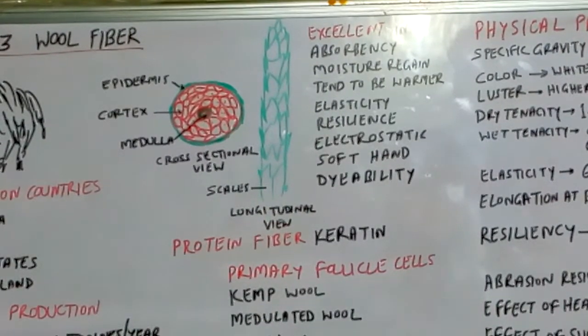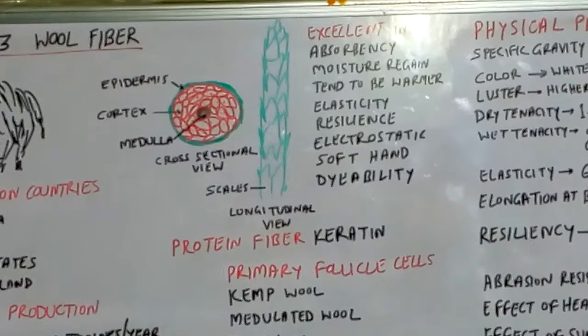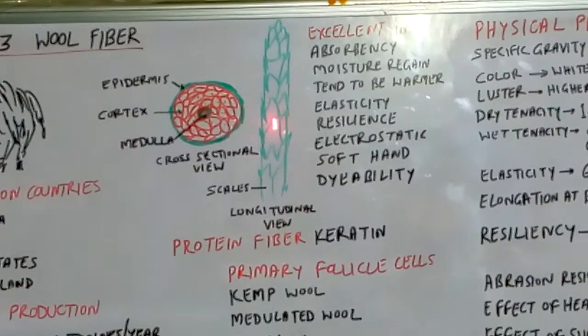Compared to cotton, this fiber seems coarser, and the surface of this fiber has scales, like the scales on fish skin. Even human hair has scales.